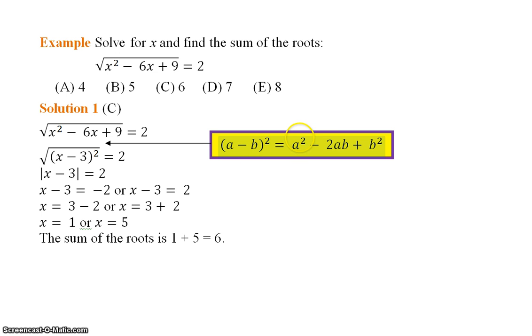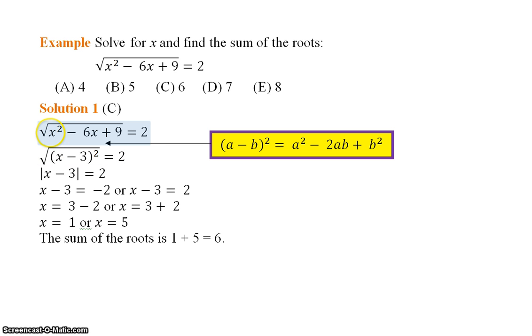This is square of the first term minus twice product of the terms plus the square of the second term. Therefore, the quadratic trinomial x squared minus 6x plus 9 we can rewrite as square of difference x and 3.